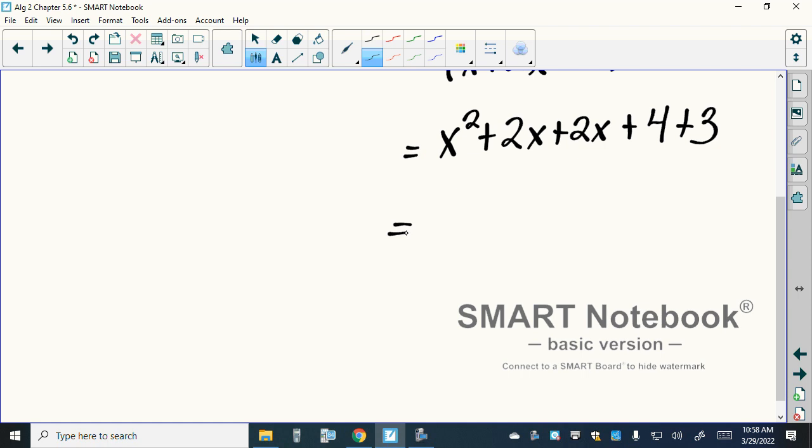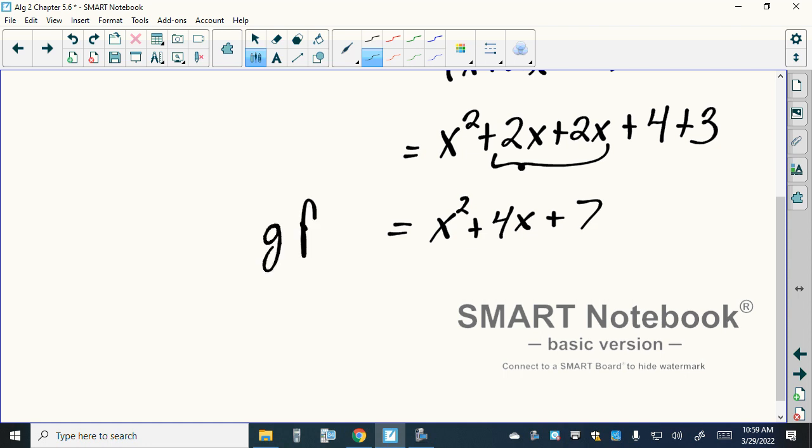You don't have to do the 2x plus 2x if you see how it does multiply. But here, if we multiply it all the way out, we get our 2x and 2x, which do add together to be 4x plus 7. And this is our g of f of x.